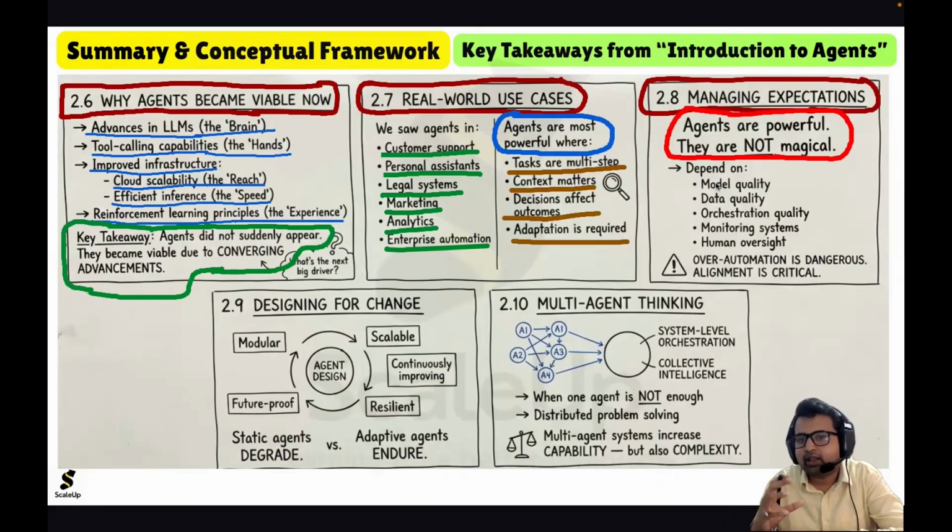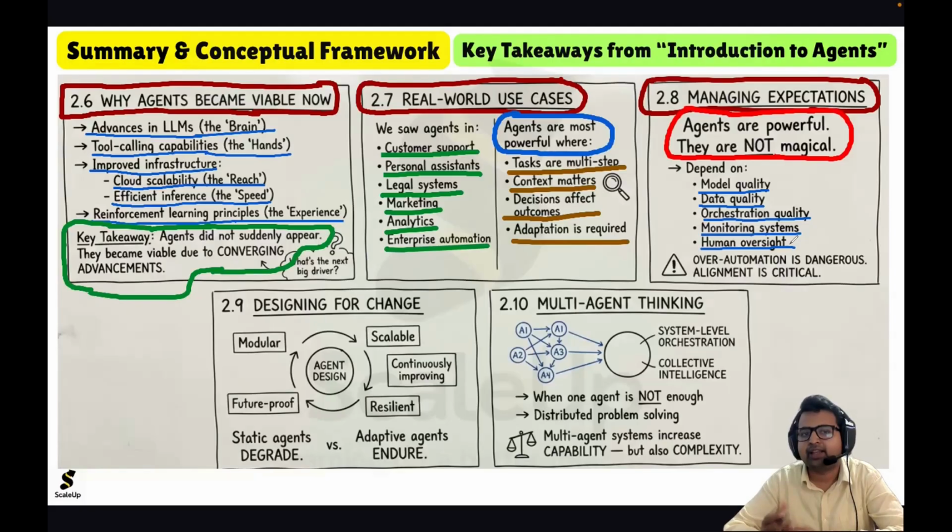The quality or performance of the agent depends on the model quality, because an agent is not something magical. It will depend on the data quality, the orchestration quality, the monitoring systems, and the human oversight. So it's not just about the LLM. Suppose you have a very advanced LLM. That is not sufficient, though it is important.